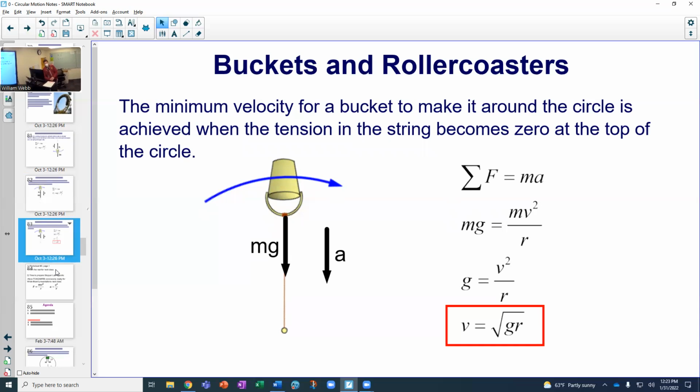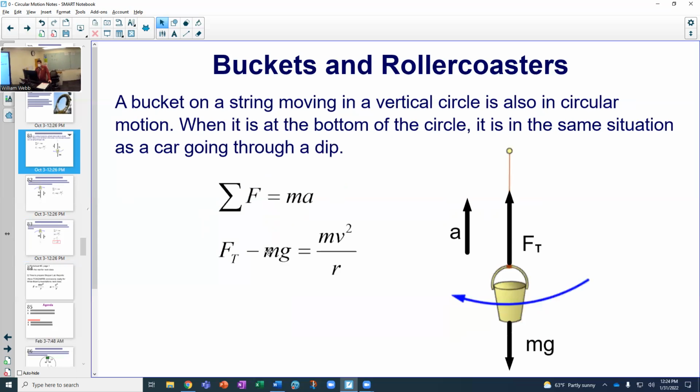It's going to be the context, whether the object is a roller coaster going over a hill or through a valley, or a bucket on a string swinging in a circle. It'll be clear from the context that it's circular motion, but they won't generally give you a free body diagram. They will often ask you to draw one yourself though. Okay, thank you.